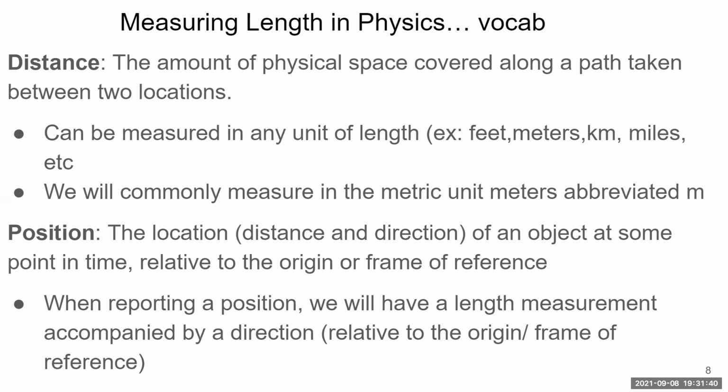Position is the location given by a distance and a direction of an object at some point in time relative to the origin or frame of reference. When reporting a position, we will have a length measurement accompanied by a direction, which is all relative to our origin or our frame of reference.